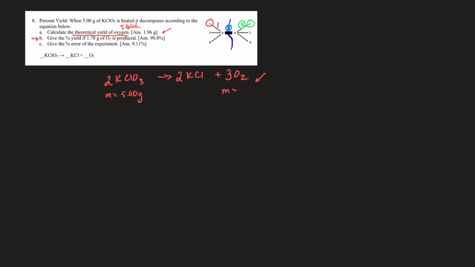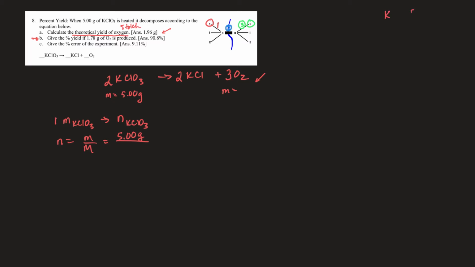Okay, so step 1. I need to take the mass of KClO3 and convert that to moles of KClO3. So moles is equal to mass over molar mass. The mass they give me is 5 grams divided by the molar mass of KClO3. Got to figure that out.